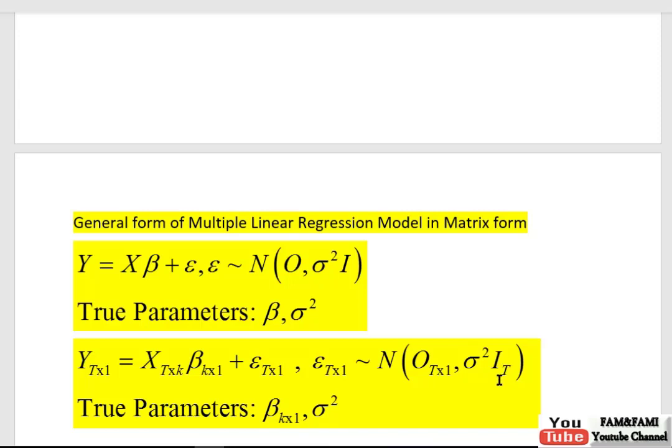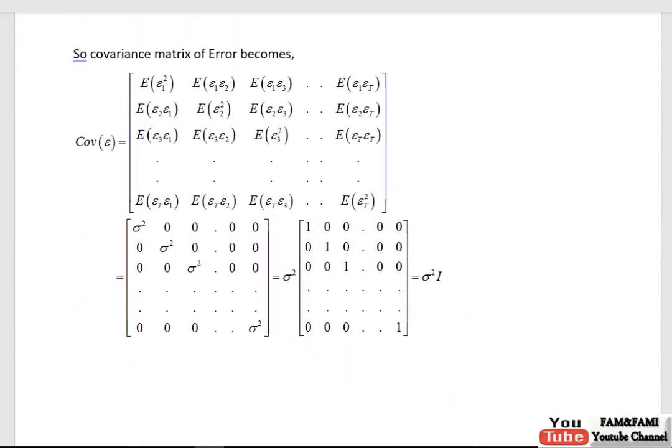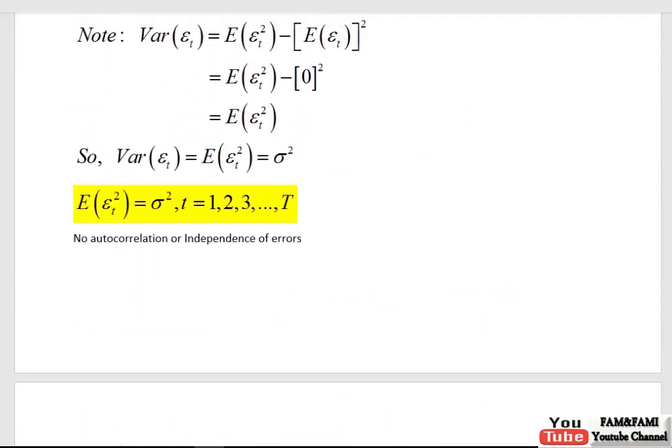So whenever you see only one letter for the dimension, you should assume that this is a square matrix containing the same rows and same columns. In this case, this matrix I is a square matrix containing t rows and t columns. And if you are wondering why it is of dimension t rows t columns, you can look at here.